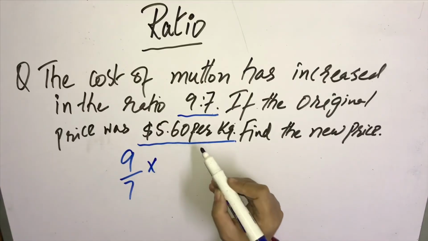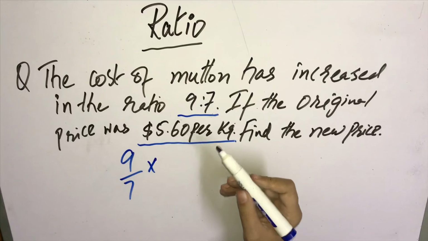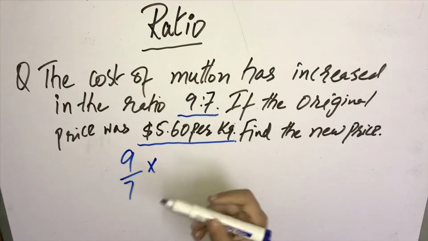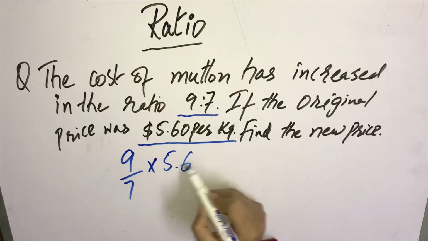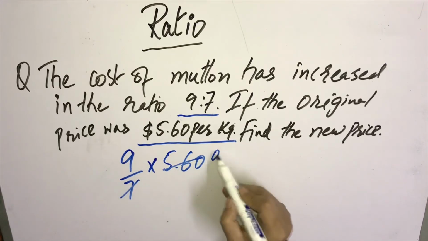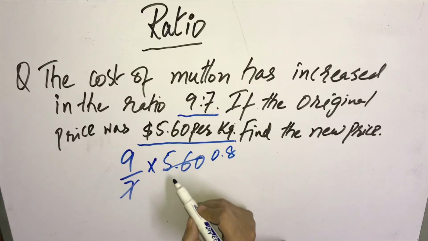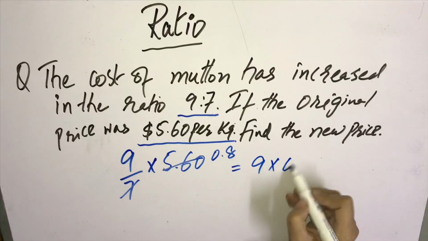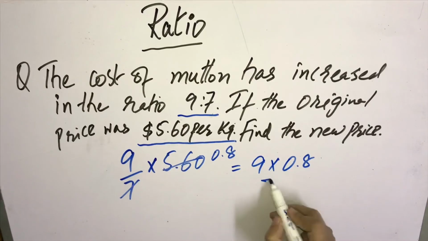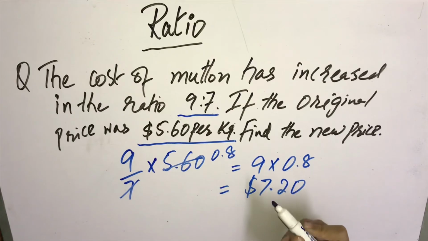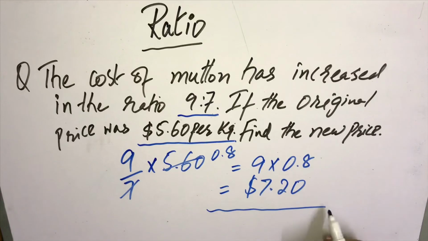If the price were to decrease, the fraction would definitely be 7/9. Now when I multiply it with 7, I can easily cancel it, as 7 multiplied by 8 is 56, so it is 0.8. 9 multiplied by 0.8, 9 8s are 72. The new price for mutton after an increase in the ratio is $7.20.